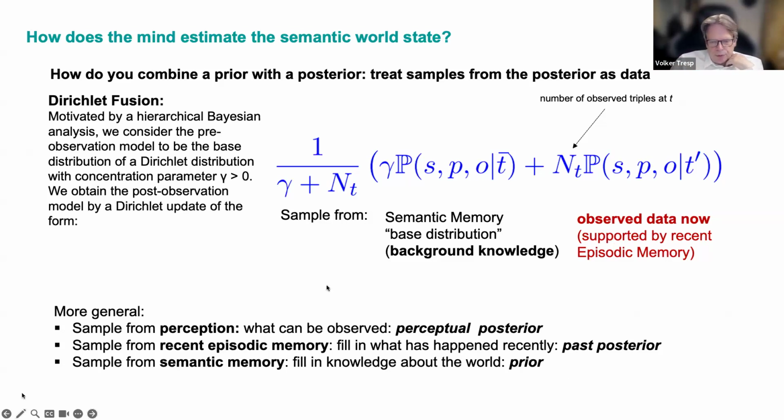In particular, we propose that perception generates samples from the perceptual posterior, so the probability of the triples given the perceptual input, recent episodic memory from the past posterior, so these are both posteriors, and the semantic memory is something like the prior.